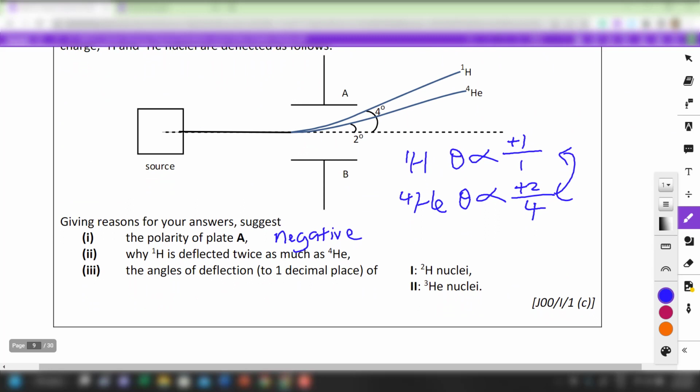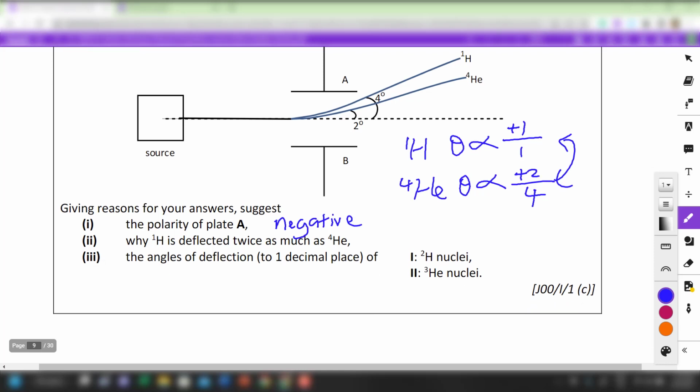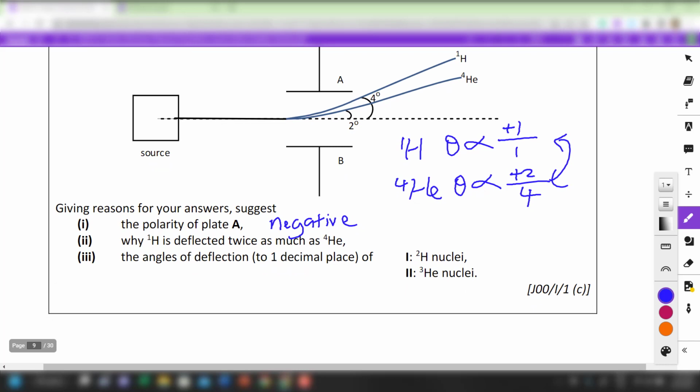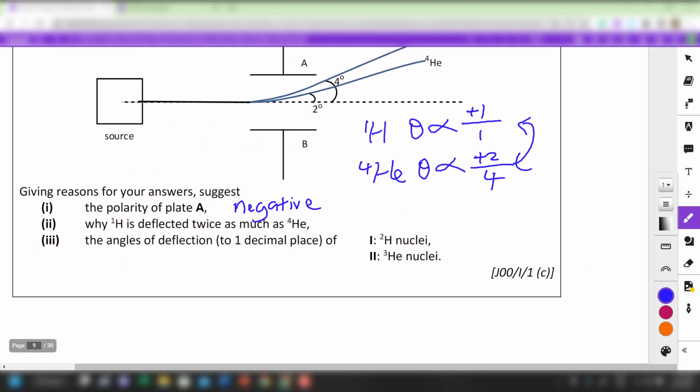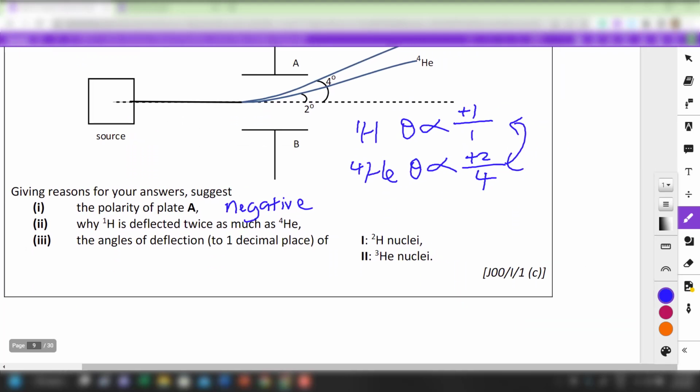Then the angle of deflection of 2H nuclei and 3 helium nuclei. We can easily do that calculation, because we are required to calculate to 1 decimal place. For 2H nuclei, we can simply make use of hydrogen.